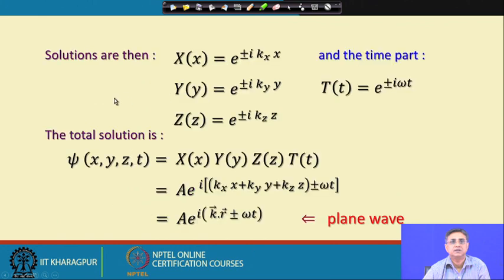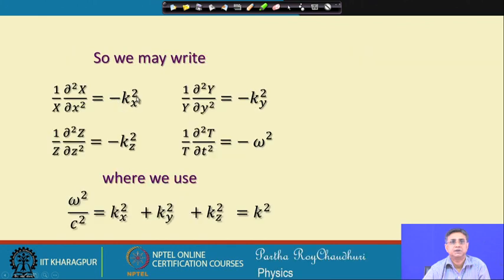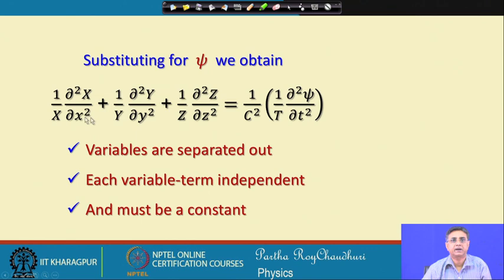You can see here I can put minus k_x squared, k_y squared, k_z squared, and for this I use minus omega squared. Then if you put it back: minus k_x squared, minus k_y squared, minus k_z squared equals minus omega squared by c squared.